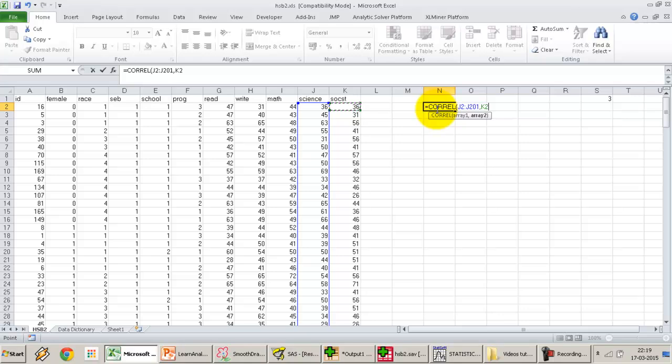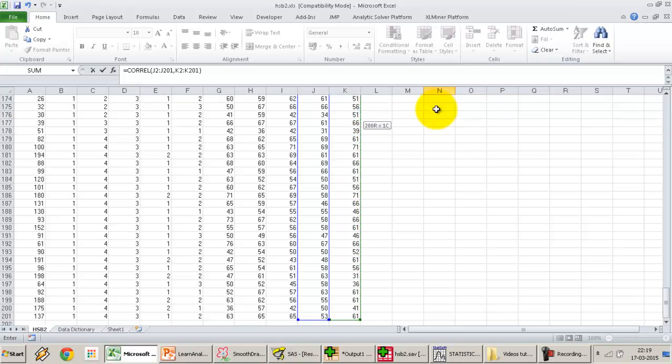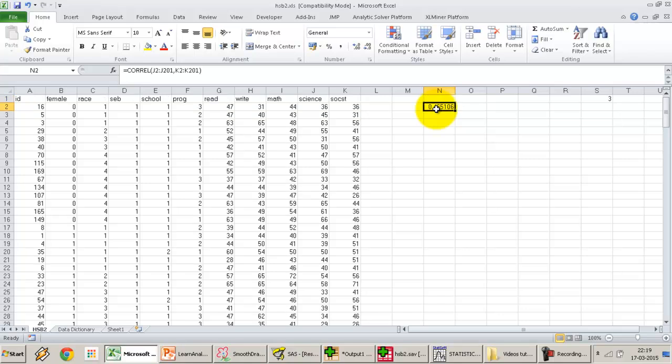I select social studies over here, the full array. Close the formula, press enter, and there we have it. The correlation between science and social studies is 0.465. So again, a medium strength correlation and positive in nature. So it's a direct relationship. Increase in one subject demonstrates an increase in the other subject as well.